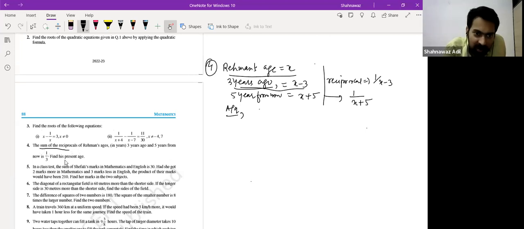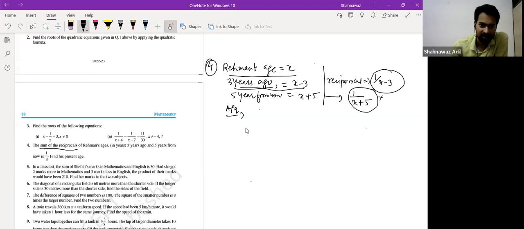So the sum of the reciprocals: 1 by x plus 5 plus 1 by x minus 3.